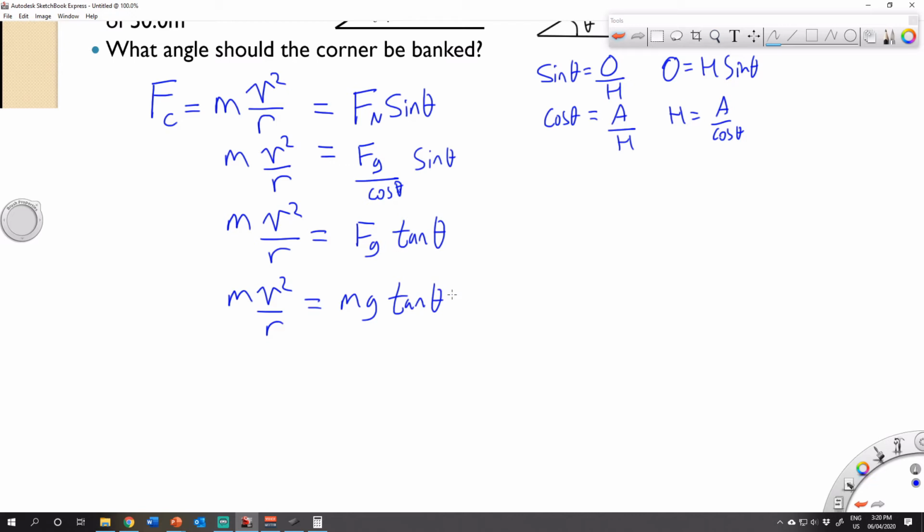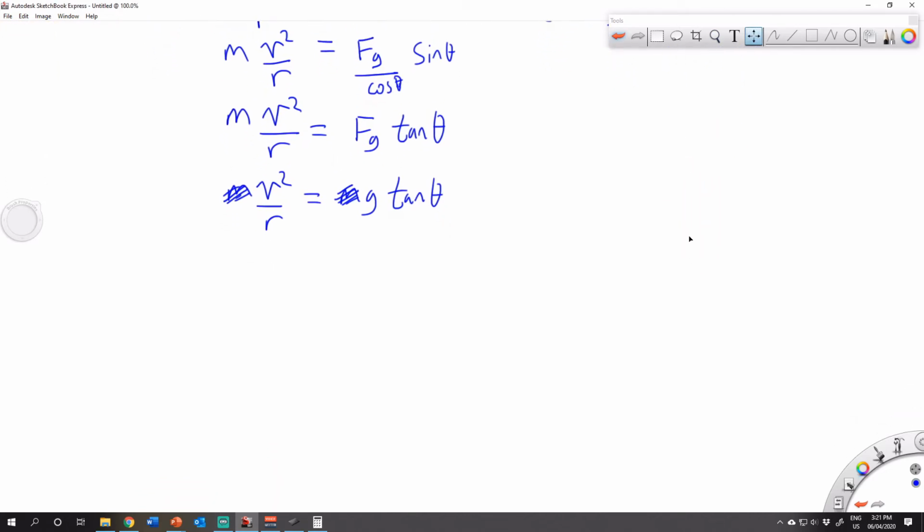And much like the other problem, notice that the mass will cancel out, because if the mass of the car mattered, then designing these roads would be quite a pain. You have to think of a single car that could possibly be traveling along. Thankfully, the math shows us that the car doesn't actually matter.